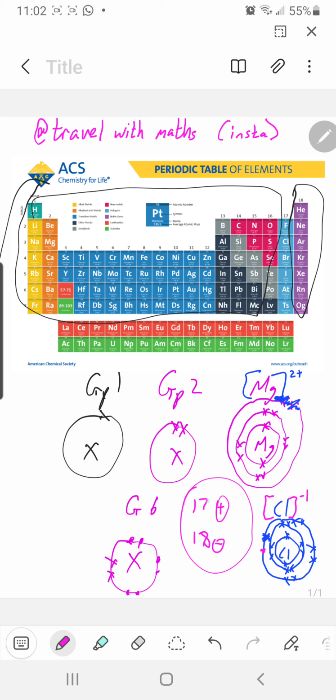Yeah, so in chemistry, the number of protons doesn't change because the number of protons identifies the element. If the number of protons changes, the element changes. Because if it's 18, then it's going to be argon.